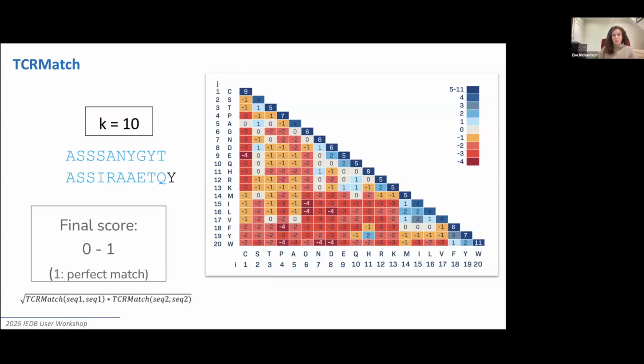You sum them, and then in order to get a score between 0 and 1, so that you can compare that to an exact match, we normalize by the square root of the TCRMatch score for identity to oneself for each of the CDR3 betas. In the end, we end up with a score between 0 and 1, where 1 would be the perfect match, which would be an identical CDR3 beta.